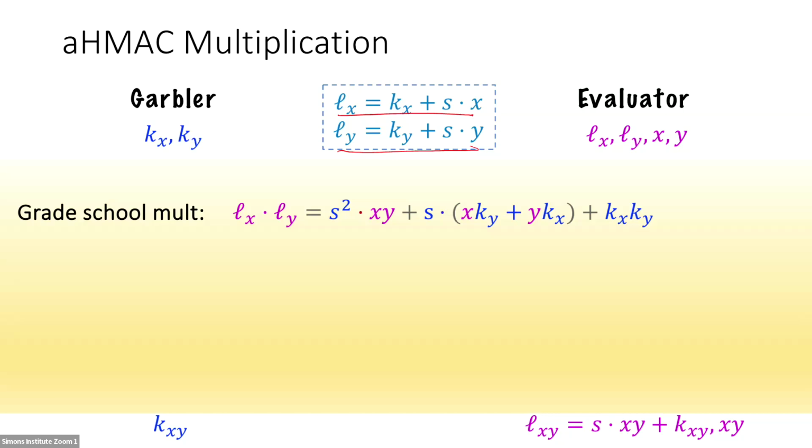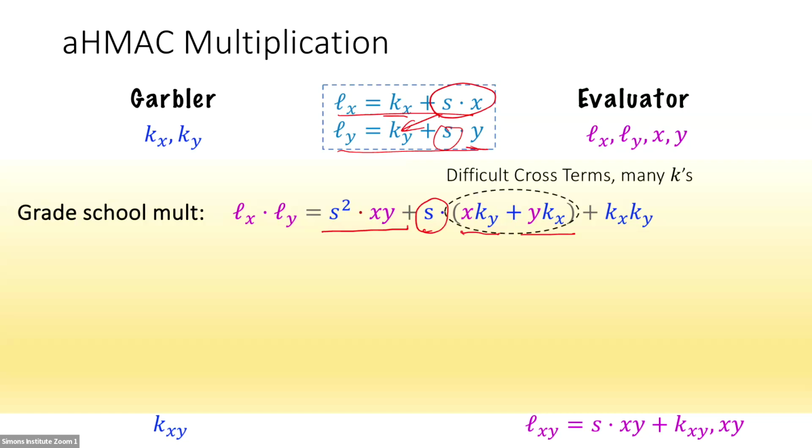So the evaluator has these two labels, Lx, Ly. Well, what if they just multiply them? If you do the grade school multiplication, you will end up with this expansion: s squared times xy, s multiplied with x and ky, and s multiplied with y and kx.